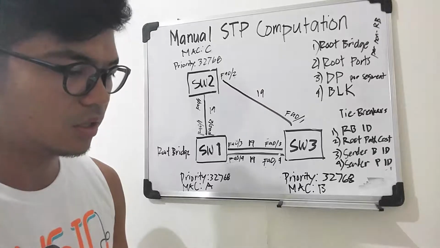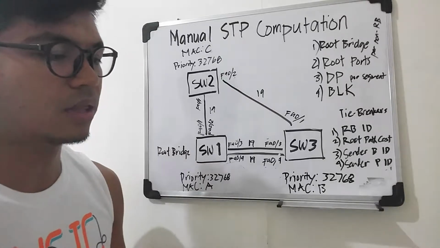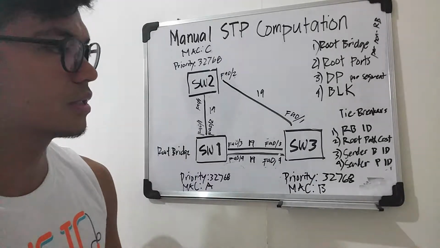And also you need to memorize the other path costs.